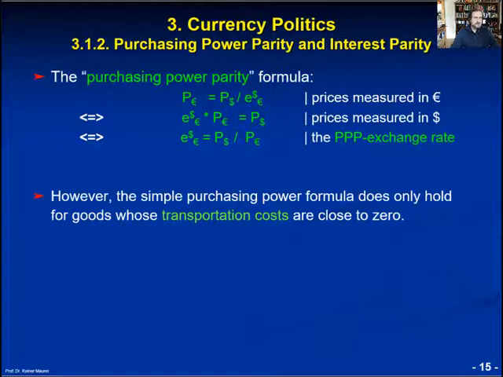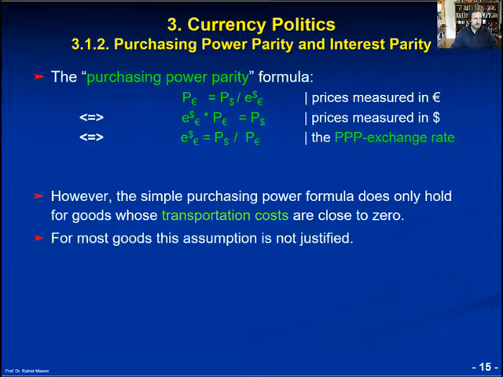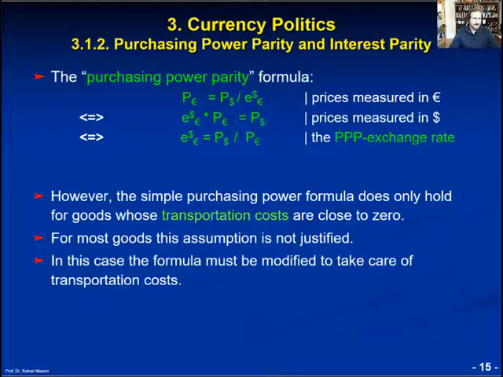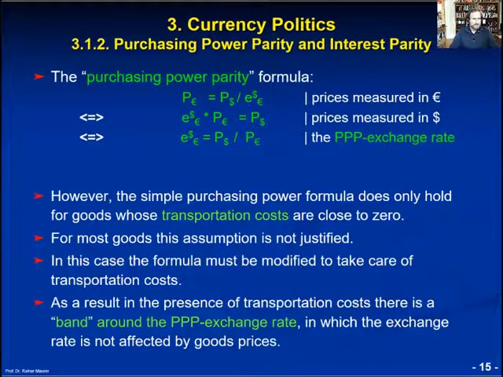Of course, this simple purchasing power parity formula does only hold for goods where transportation costs are close to zero. For most goods, this assumption is not justified. In this case, the formula must be modified to take care of transportation costs.